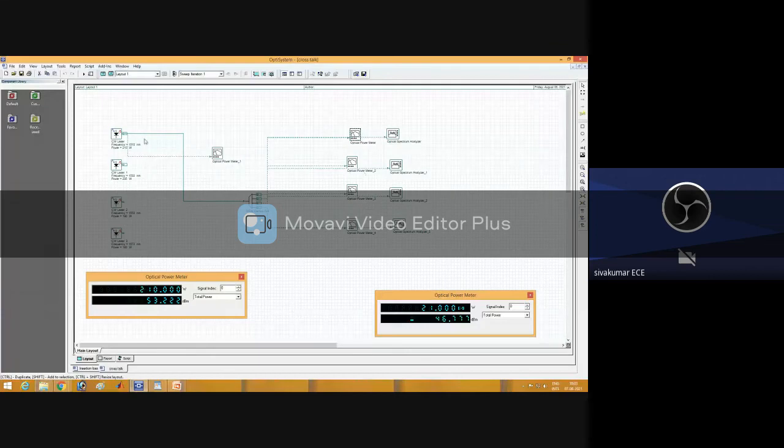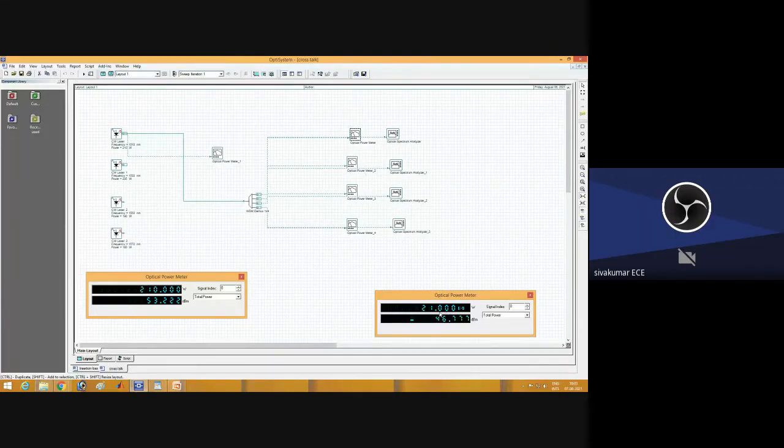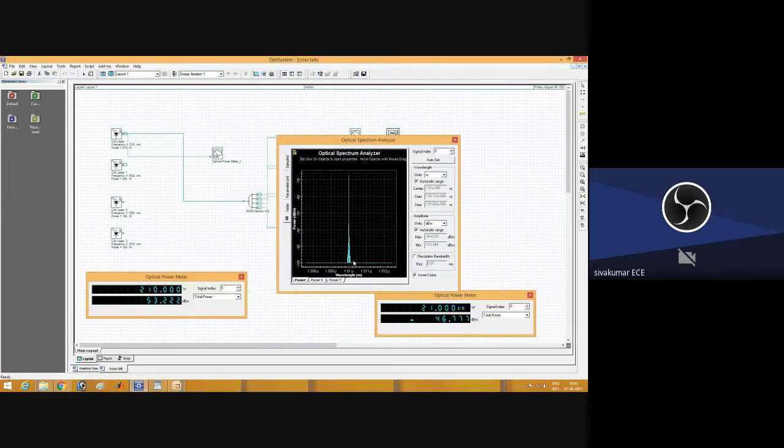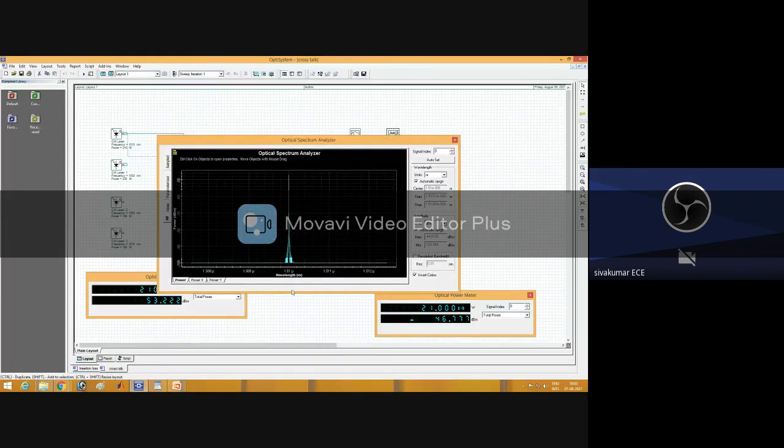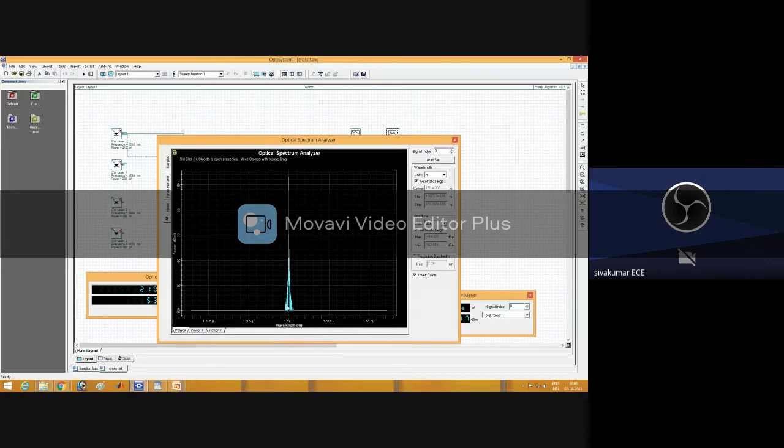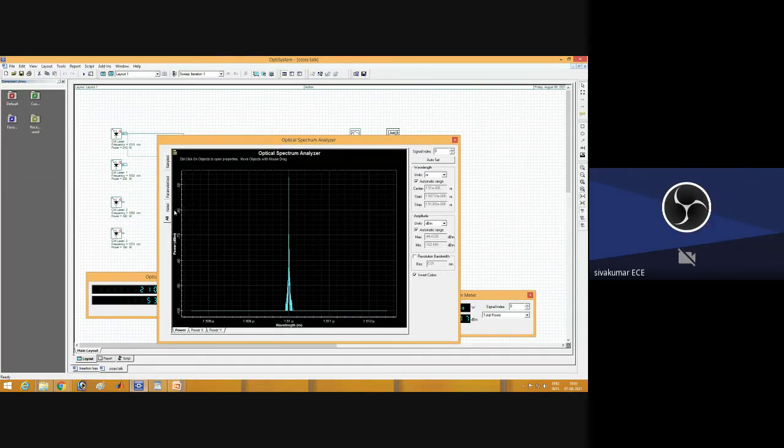My input is 210 watts. The output is 21 nanowatts. Here is also our spectrum graph at 1510. If you are connecting for 1510, you will get this spectrum at 1.51 micrometer wavelength. Here the power is showing in terms of dBm.